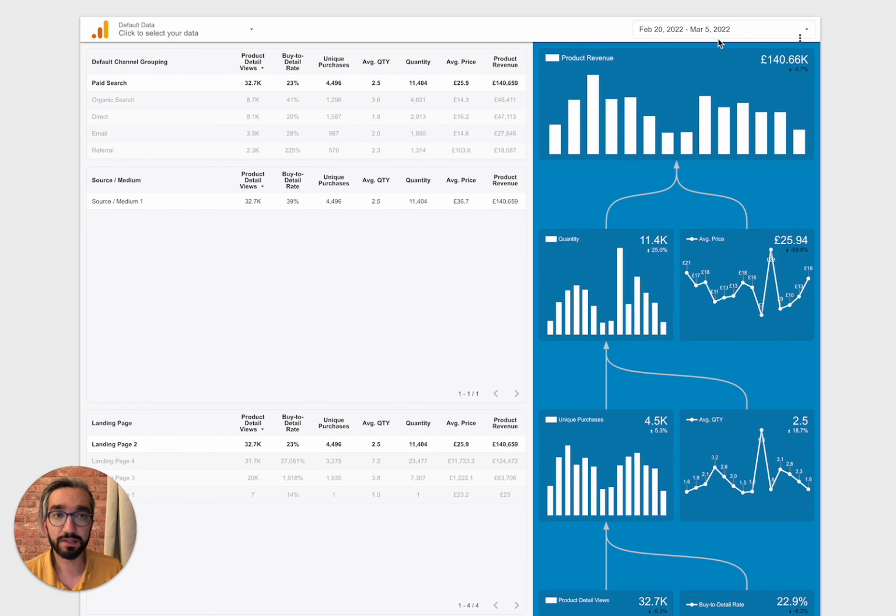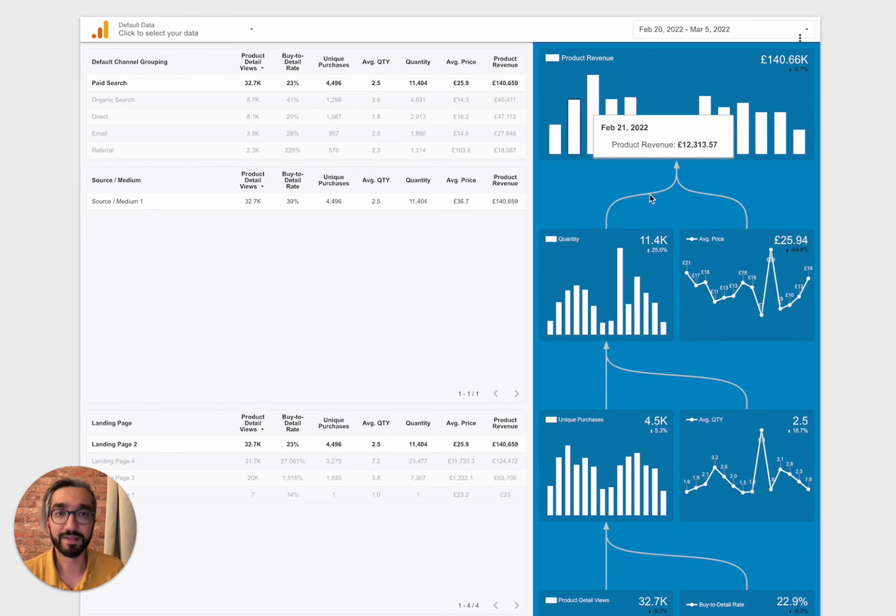So this is just for analyzing. This dashboard will help you to analyze your product revenue and to optimize the product revenue by knowing exactly which sub KPI is keeping you behind. In this example, you should look more closely at the average price.